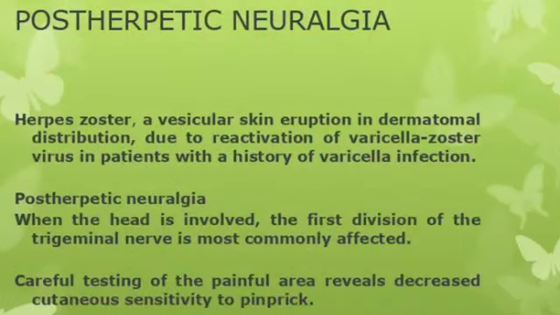Postherpetic neuralgia. Herpes zoster, or shingles, is a vesicular skin eruption in the dermatomal distribution due to reactivation of varicella zoster virus in patients with a history of varicella infection, which is called chickenpox, where the virus remains latent in the dorsal root ganglia and the cranial sensory ganglia.